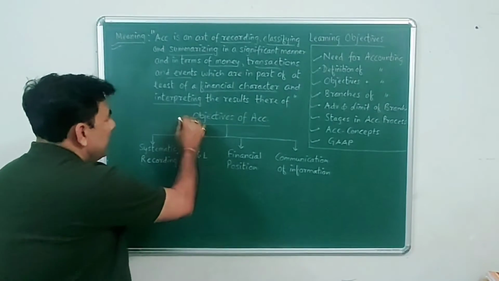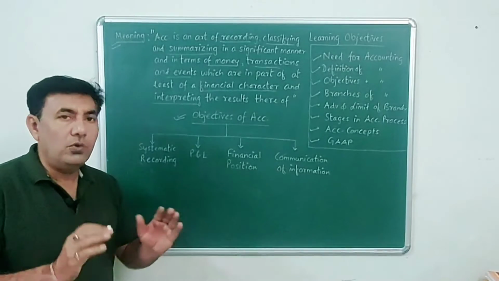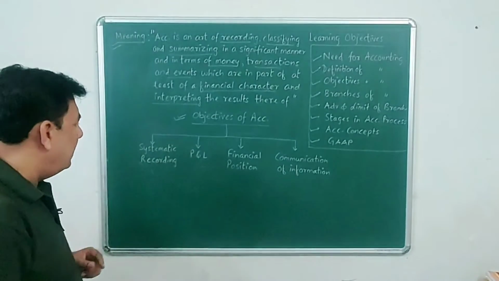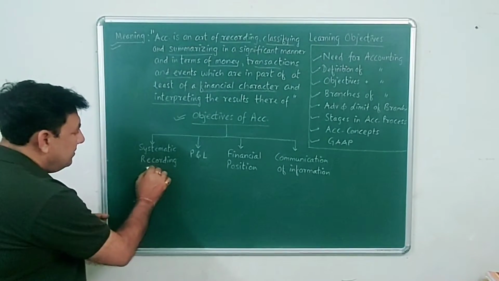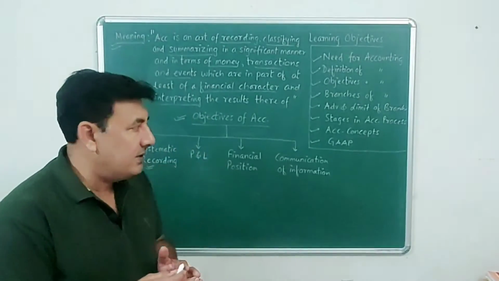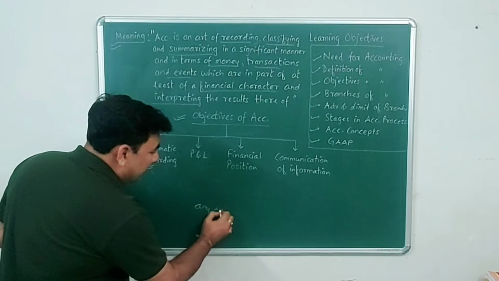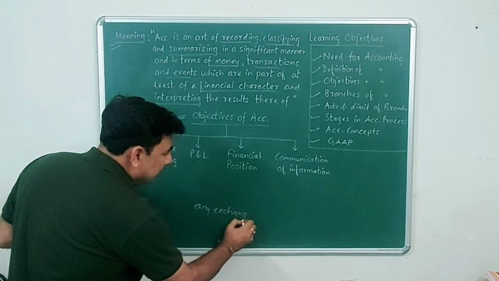Then comes, what are the different objectives of accounting? Basically, there are four different objectives of accounting. The first one is systematic recording, that means recording a transaction. Transaction means any exchange of goods and services for money.